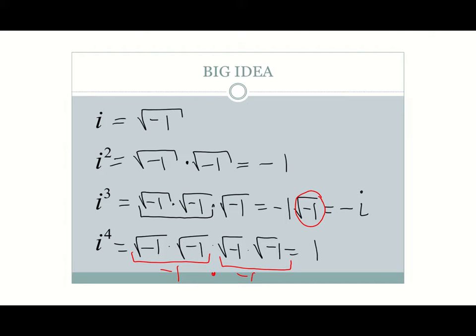So I have i is equal to the square root of negative 1, i squared is equal to negative 1, i cubed is equal to negative i, and i to the fourth is 1. That's your big idea. You want to make sure you have those copied down into your notes because we're going to be referencing back to that.